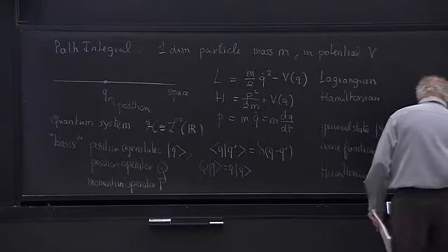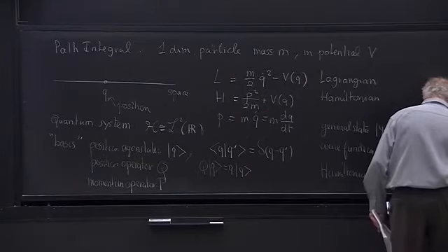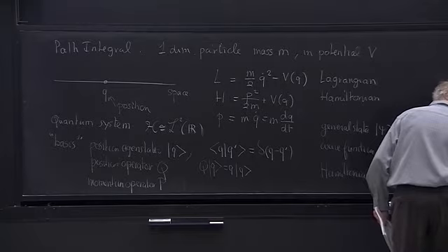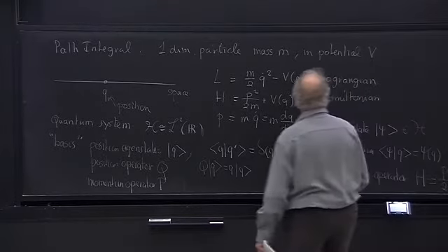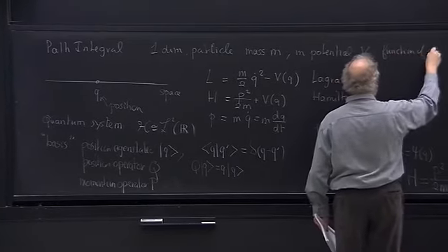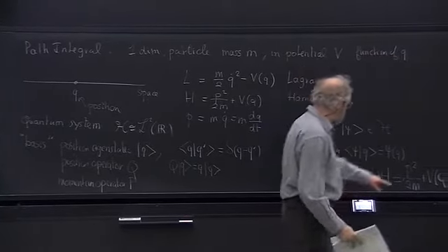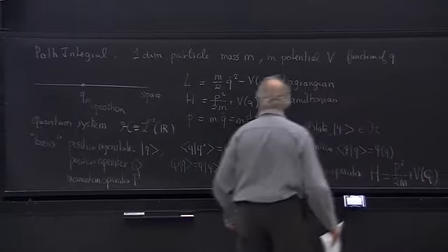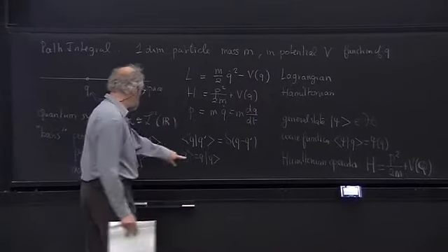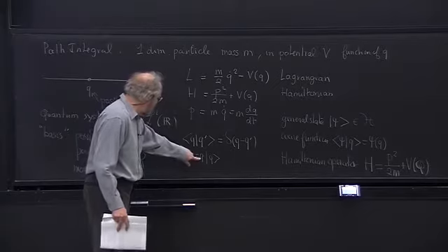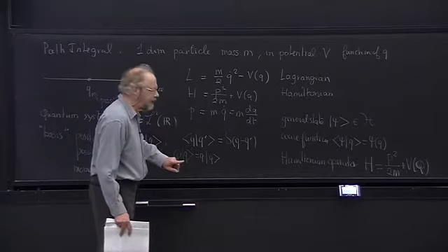The Hamiltonian operator that describes the evolution of the system is, of course, P squared over 2m plus V of Q, where V is a function of q, and you consider here the similar function of the operator V of Q. So it's an operator that commutes with Q, which is such that, for instance, V of Q, when you apply it to |q>, is V of the number q times |q>.